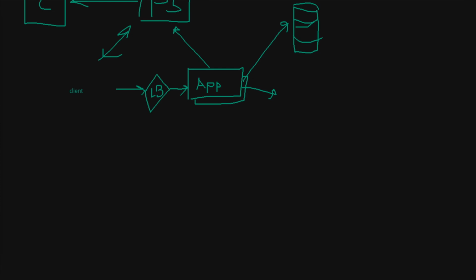Where's the message queue? Can you draw the message queue? Yeah, I think we need to present one more service here. When the user initiates the transaction, we push it to the application, and the application puts it to the message queue.